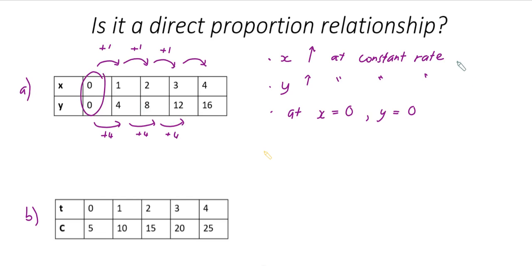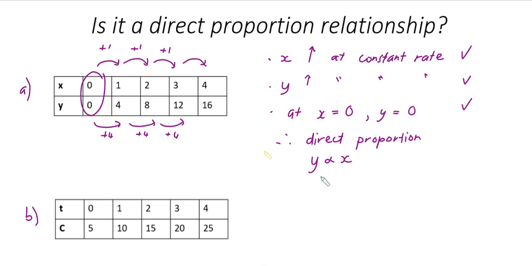So we're looking good. We've got all of these satisfied. Therefore, direct proportion. Or we could also write Y is proportional to X.